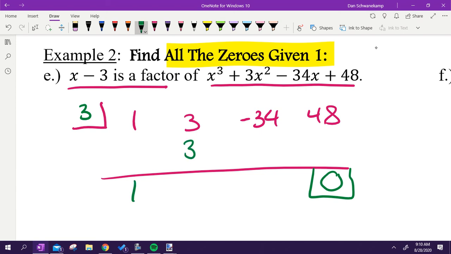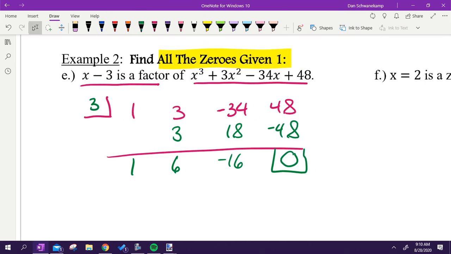Okay, so you're doing your synthetic division. We add and we multiply. You should get 0. Make sure you do. Okay, so when I'm done with that, I'm left with this.